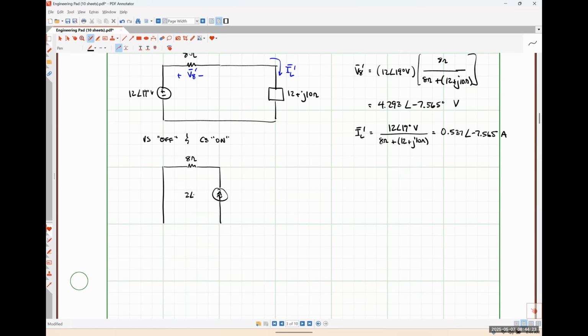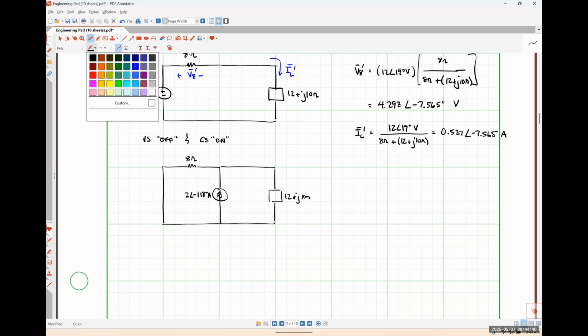This is 2 angle negative 118 degrees amps. Here is that 12 plus J10 ohm impedance. This is our current IL double prime. This is our voltage V8 double prime. Let's start by finding IL double prime using current division.